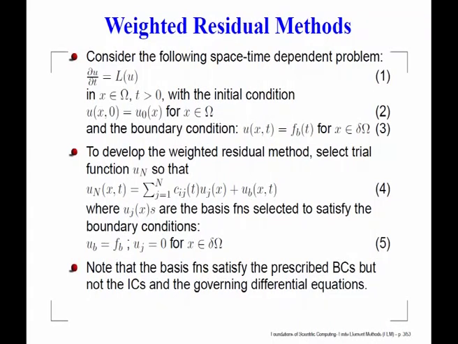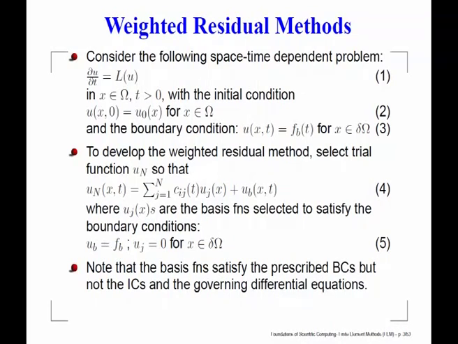Now, these functions are called the basis functions in this series, that summation term, which has, let us say, a time dependent coefficient Cj of t times a space dependent function. Now, these uj's are the basis functions, and they are such that you can satisfy the prescribed boundary condition, but that would not satisfy the initial conditions and the governing differential equation.